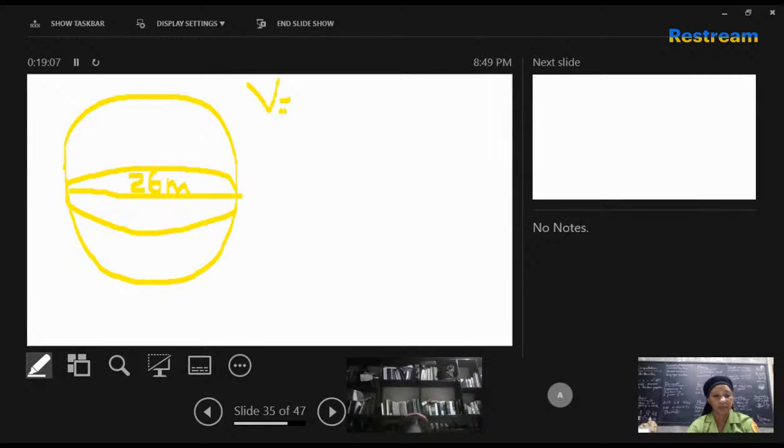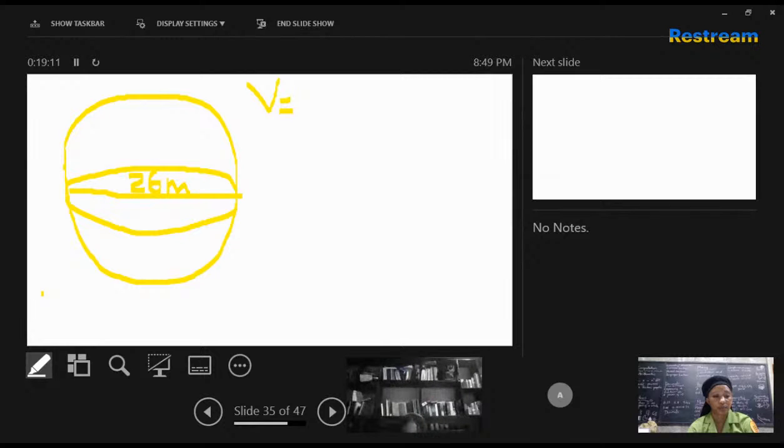The diameter is 26 meters. You divide the diameter by 2, so 26 meters divided by 2.